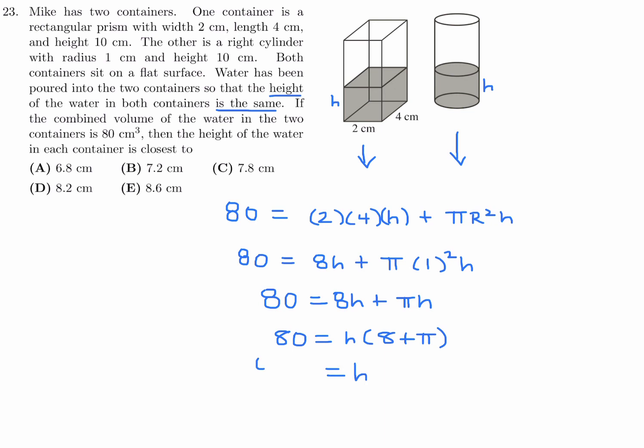Isolate for h and you get 80 over 8 plus pi is equal to h. Get out your calculator. Pi is approximately 3.14, so if you add 8 to it, it becomes 11.14. And now you get out your calculator, and 80 divided by 11.14 is approximately 7.18. And therefore, the one that is closest in the answers is this guy right here, 7.2.